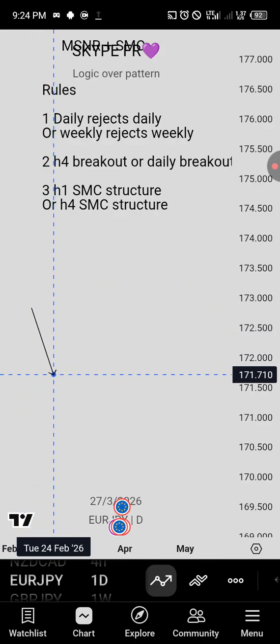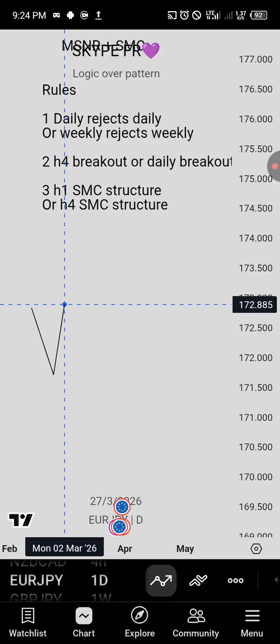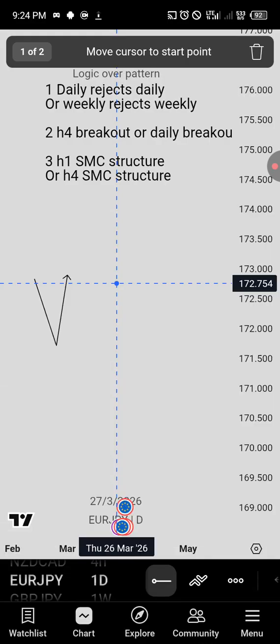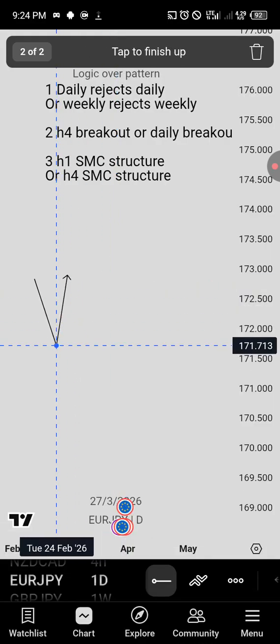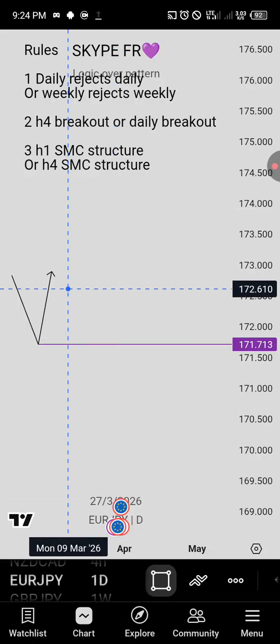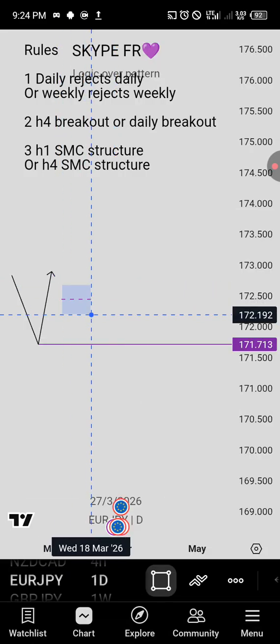So let's assume this is our daily time frame, and then we have this V-shape rejection.